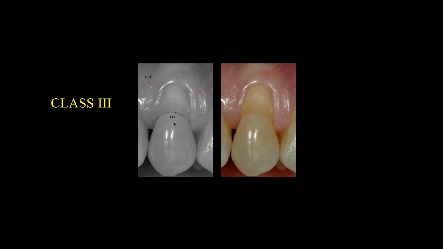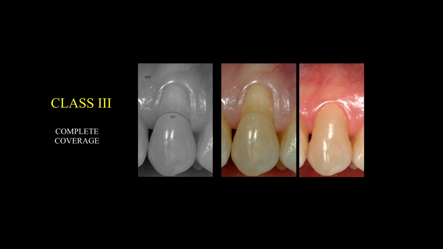But if you first change the patient expectation with a composite restoration, by shifting the cement enamel junction more apically, exactly in the same manner we did for the presence of abrasion defect, you give the patient a final outcome that is not really complete coverage in terms of anatomy, but it's absolutely successful and complete for the patient, because the patient does not see that an area was not covered with soft tissue, but the enamel is continuous in order to meet the pink keratinized tissue and the red alveolar mucosa.